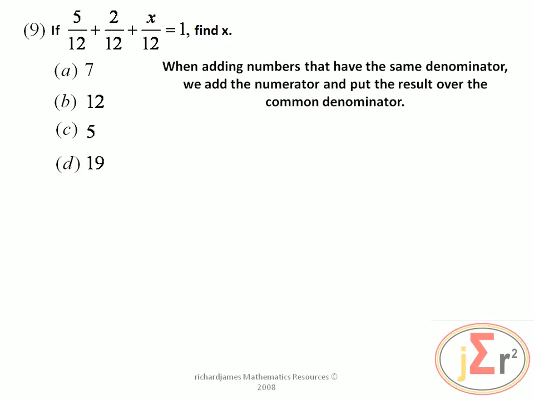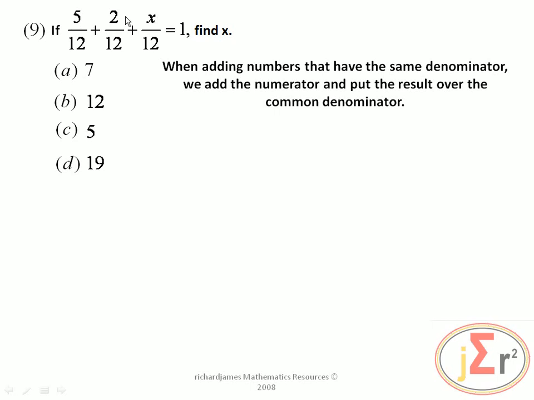Now, we are going to be using some basic principles in the manipulation of fractions in order to find our answer. So we are saying, when adding numbers that have the same denominator, we add the numerators and put the result over the common denominator, because we have common denominators already.